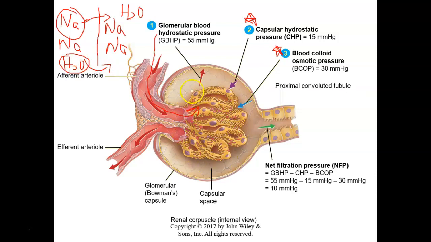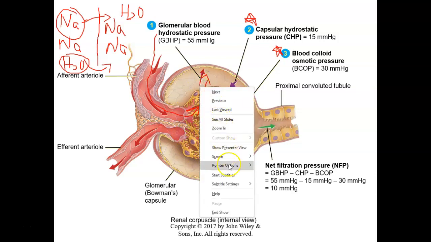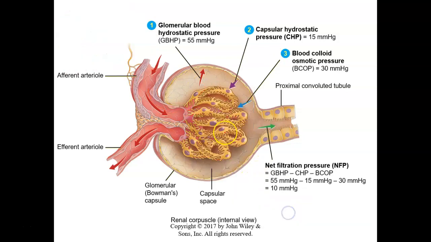Same idea here. As more sodium or potassium, chloride, whatever it happens to be, leaves the glomerulus and enters into the Bowman space, water is going to follow.